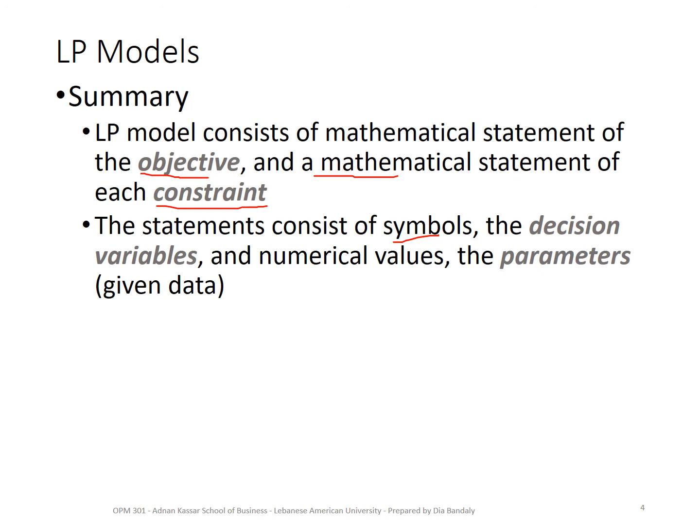The symbols represent your decision variables, like in the time constraint, I was writing 1 times C. So we have the 1, the numerical value, times C, which is the decision variable, plus 2, a number again, times T. Okay, and what are these numbers? They are parameters. They are given to us. Okay, and we do not come up with these values. They are given to us.